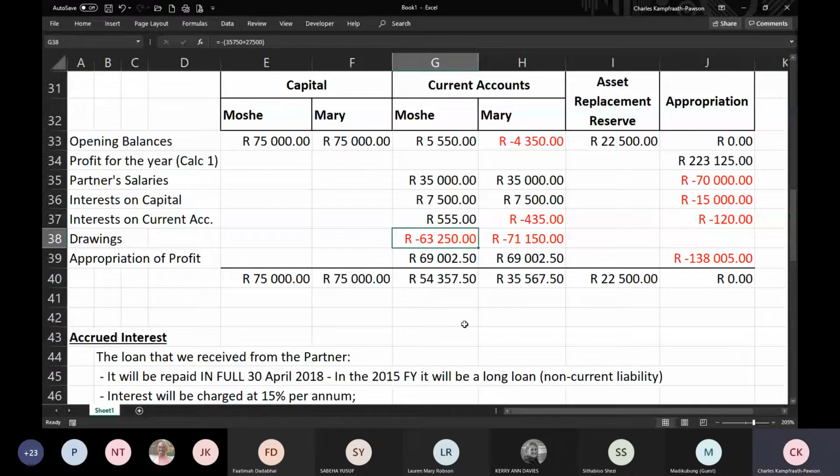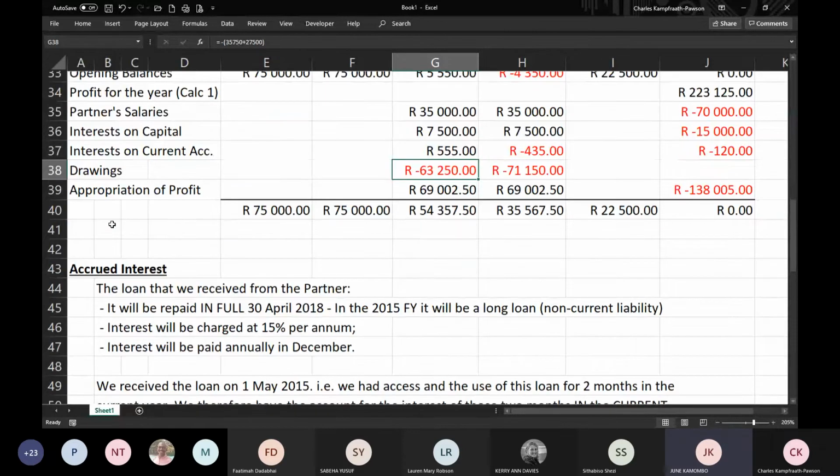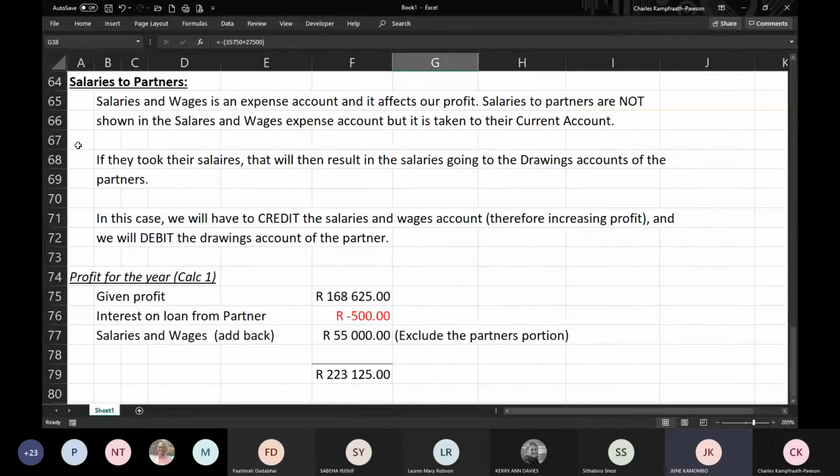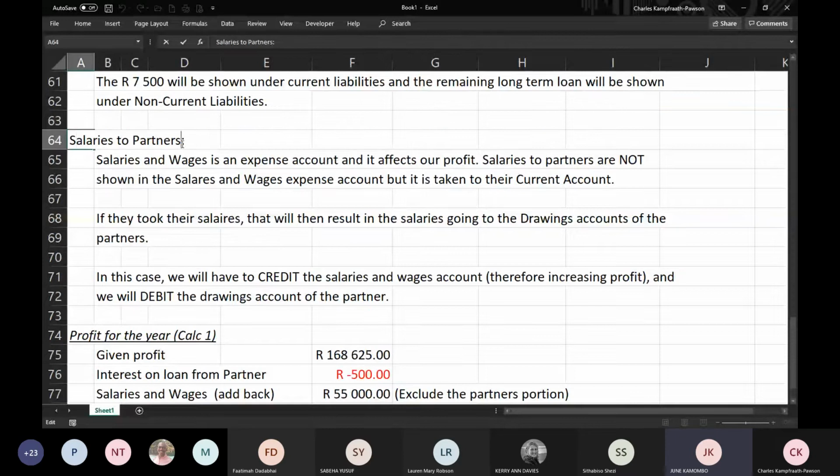Any more questions on this, guys? Can you elaborate on that? I didn't get it. Can you elaborate on there you give, there you take? I just want to know how the drawings came to 63,250 there, because in the notes they say it was 27,500.